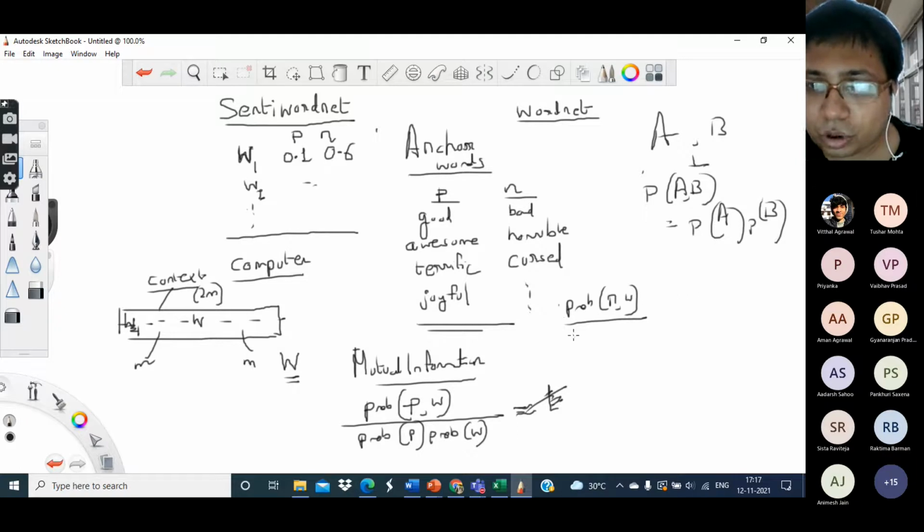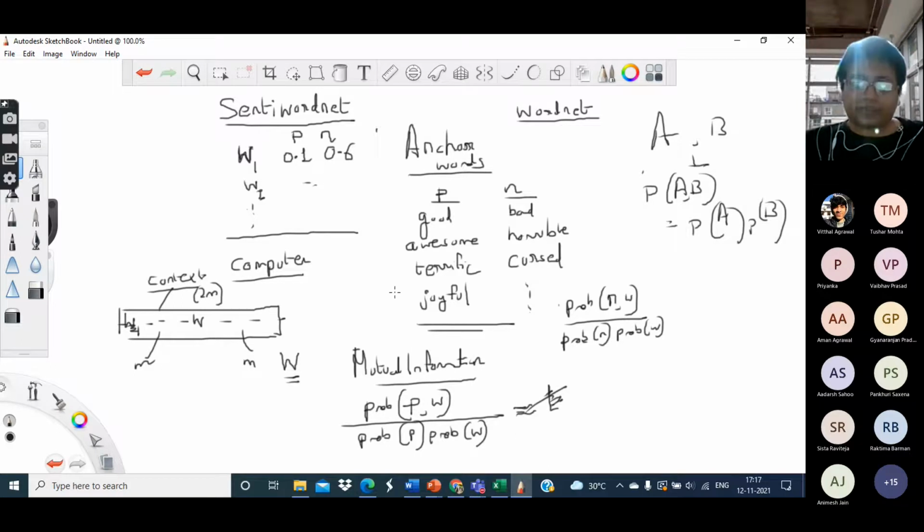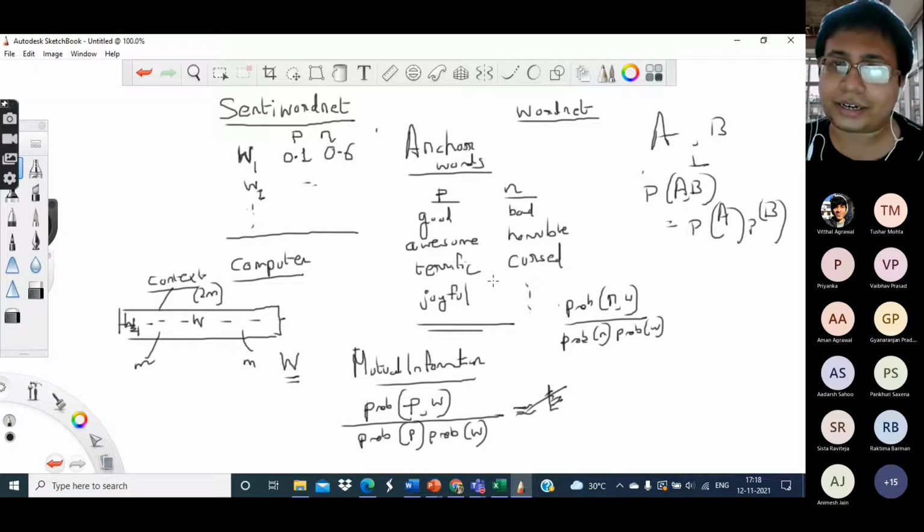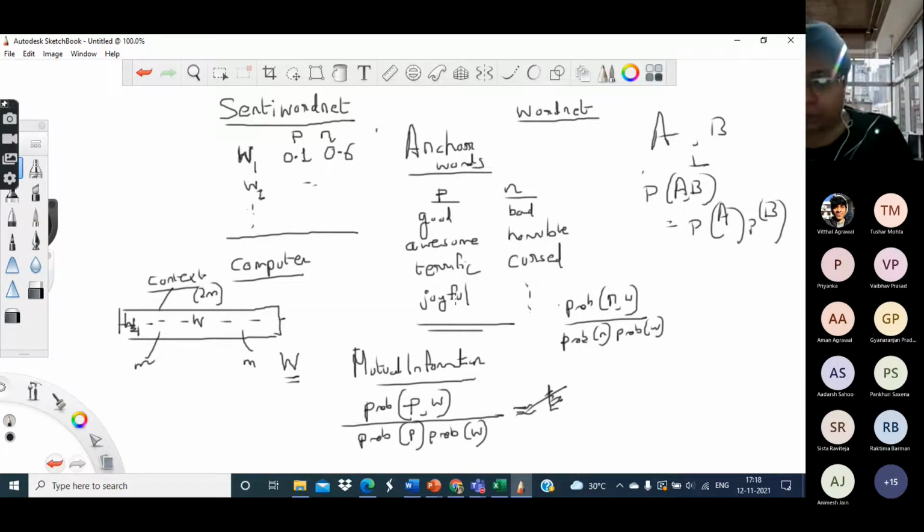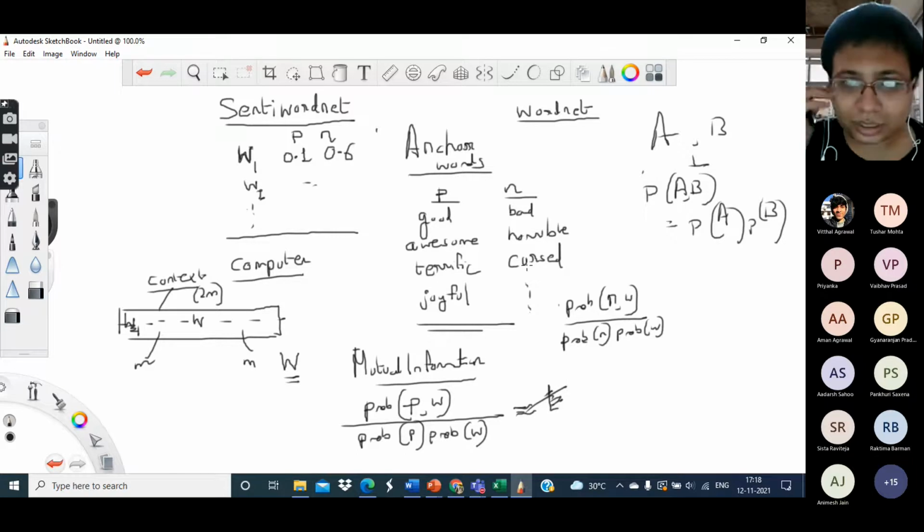Similarly, I will do it for all the negative words also. As a result, I will get a sense of whether this word W tends to co-occur with positive words, or tends to co-occur with negative words, or neither of them is true. I mean, it seems to be independent of both positive words and negative words.